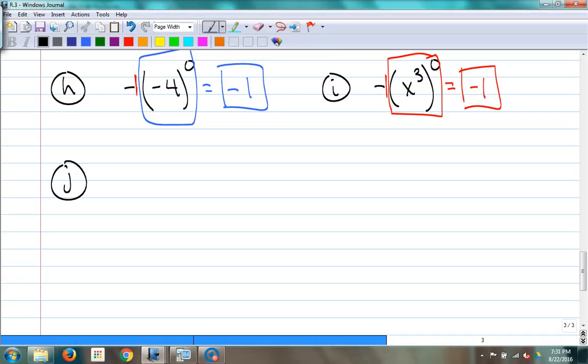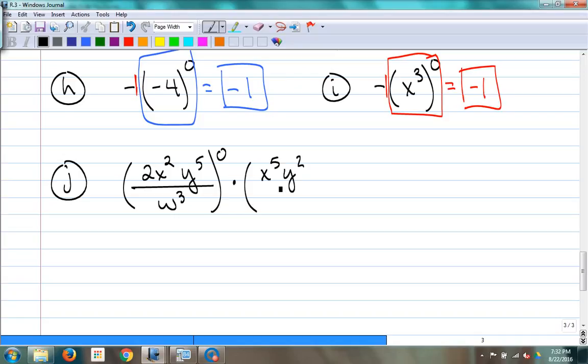Yeah. Let's see. I'm trying to think of something. Maybe you had this: 2x squared y to the 5th over w to the 3rd, to the 0 power, times maybe you got x to the 5th y to the 2nd over w to the 0 power, and then the -1 here.